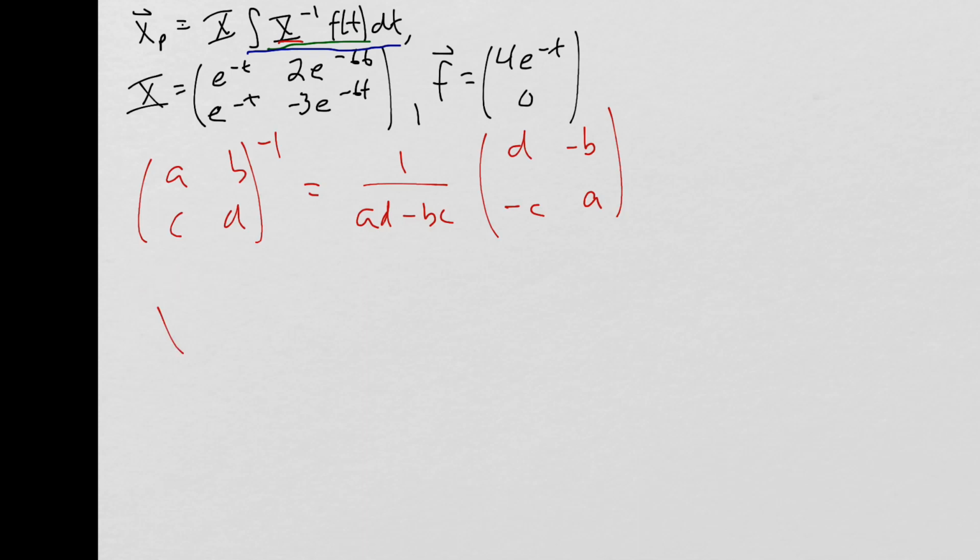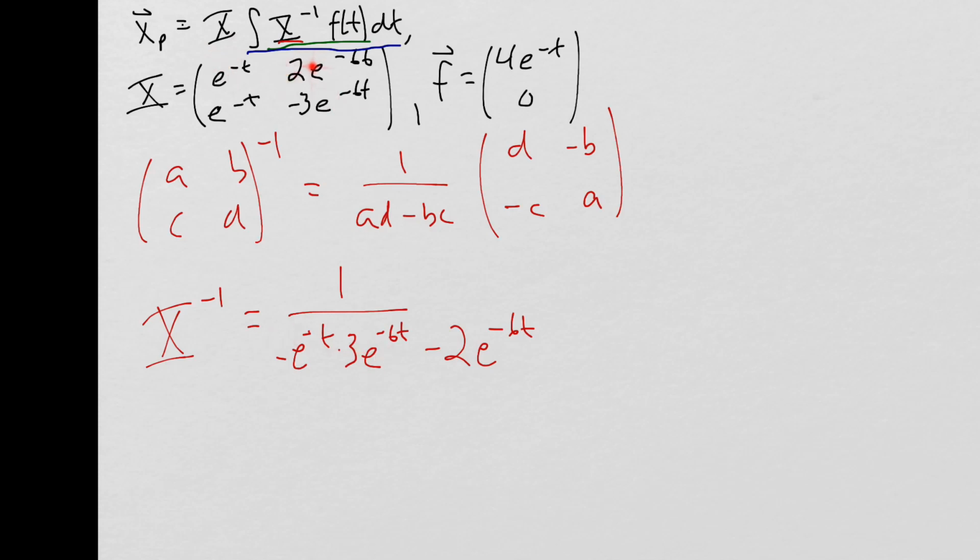X inverse is, all right, 1 over, what's the determinant? It's e to the negative t times negative, I'll put it out front, 3e to the negative 6t, correct? Yep. Minus 2e to the negative 6t. The first one was this times that.